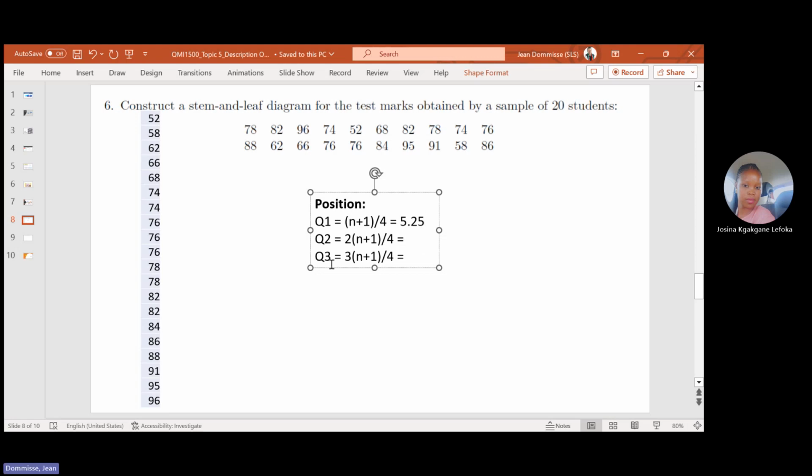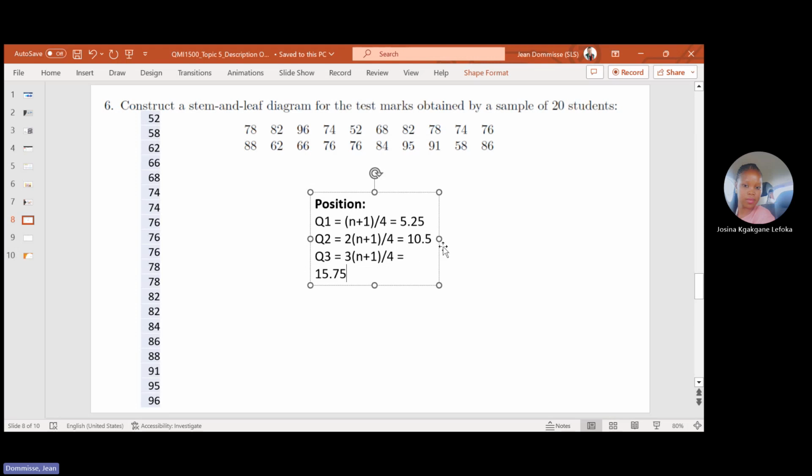If we're sitting in the middle, we've got 2 times that, which will give us 10.5. It's actually just that doubled up, and then the last one will be the 5.25 times 3, which is 15.75.